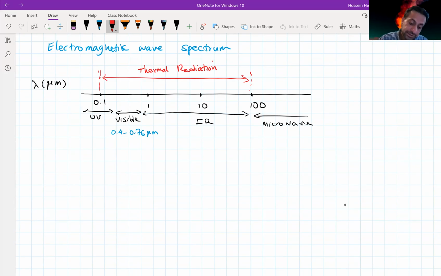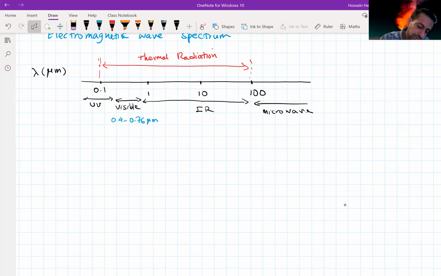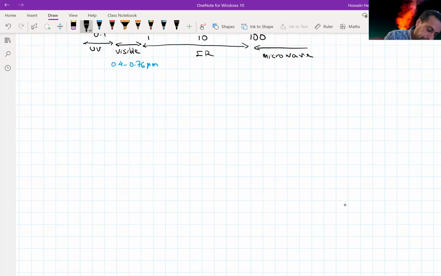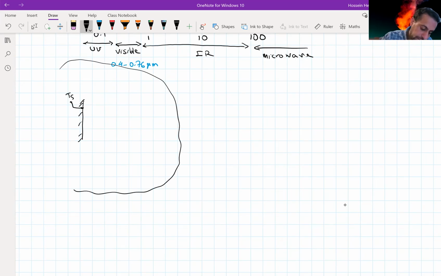Now, what's the magnitude of energy radiation from the matter? Suppose that we have a small object at a certain temperature. I'm just going to call it TS, and that's surrounded in a much bigger surrounding.